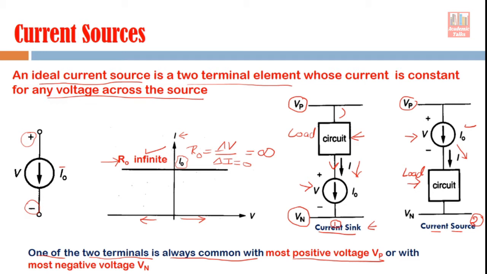Now, after having this understanding about current sources, let us move forward. What happens in practical current sources, meaning a non-ideal current source or current sink? Suppose we have this kind of configuration.